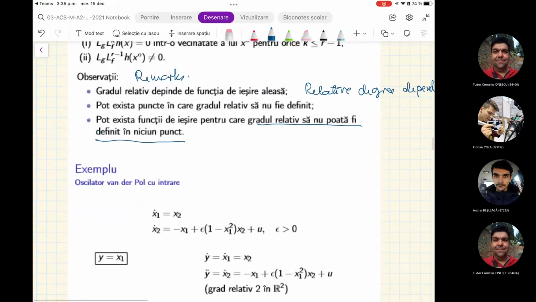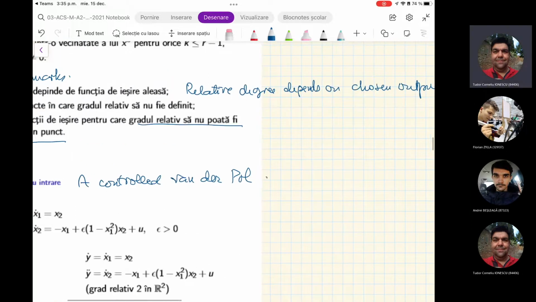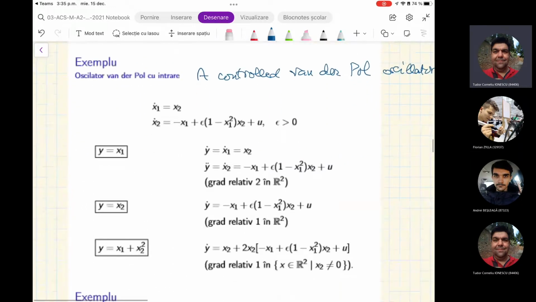Example: a controlled van der Pol oscillator. These are the equations that define the van der Pol oscillator.